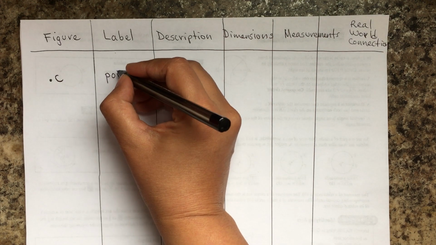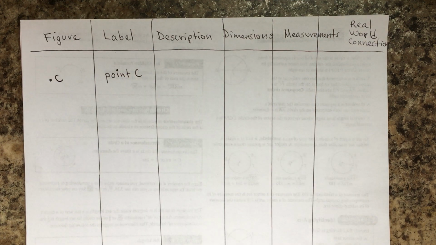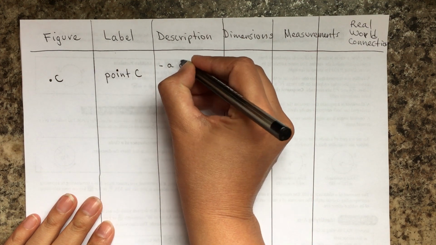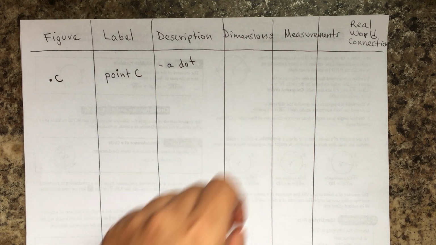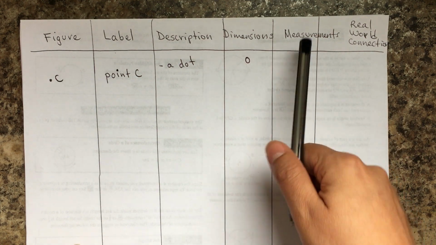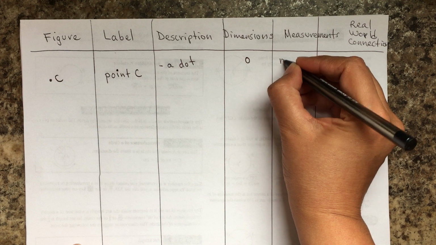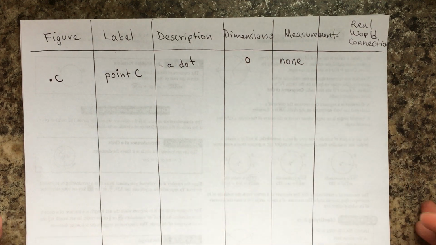It is just not possible to define them. So for a description, we can just say that it's a dot. The dimensions: there are 0 dimensions, and for the measurement, there is none. You cannot measure a dot.